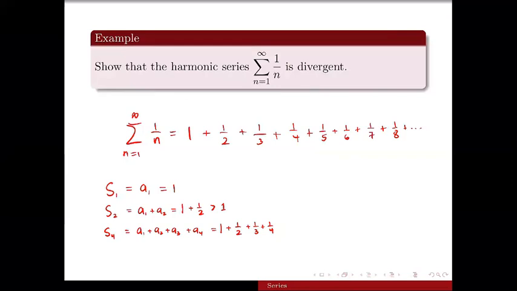Correct? 1 third, it's greater than 1 fourth. Correct? So this is greater than 1 plus 1 half plus 1 fourth plus 1 fourth.